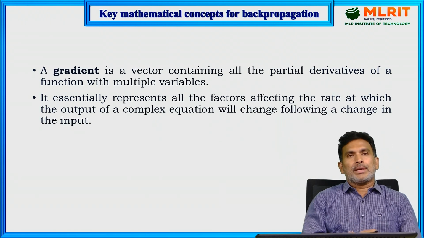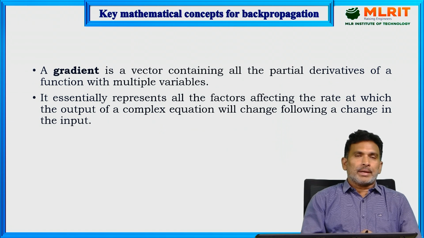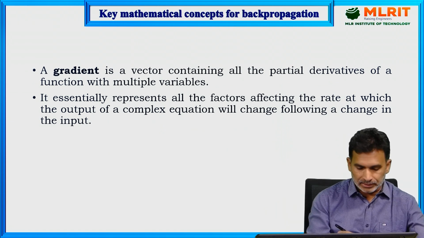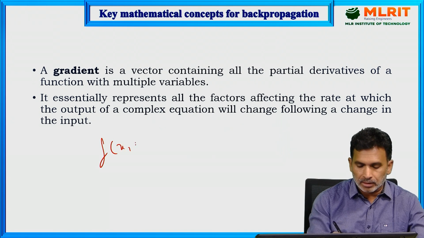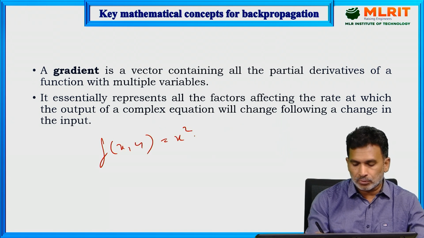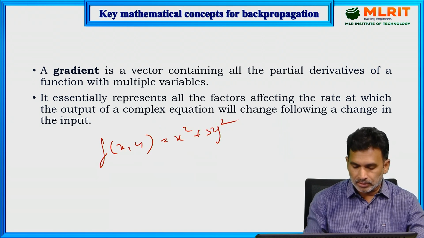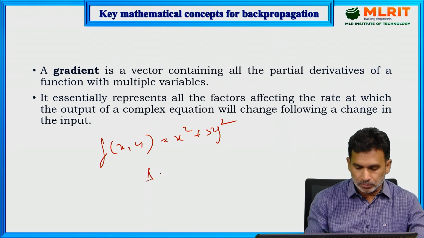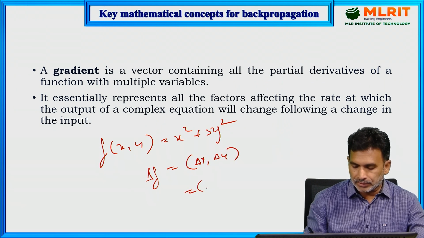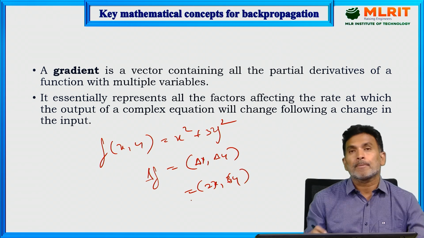Next one is a gradient. A gradient is a vector containing all the partial derivatives of a function. Suppose f of x comma y is x square plus 3y square, and the derivative of this is delta x comma delta y, that is equal to 2x, 6y, right?